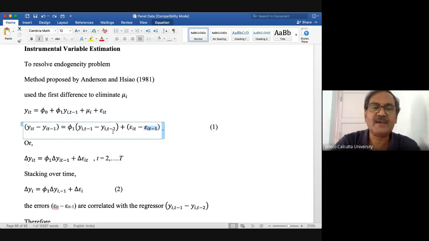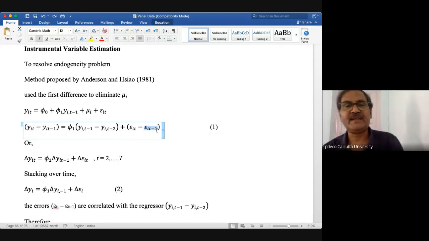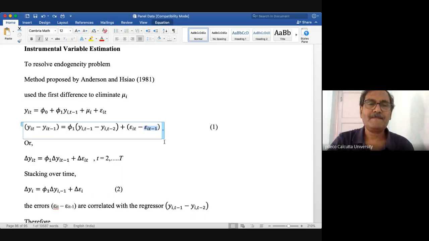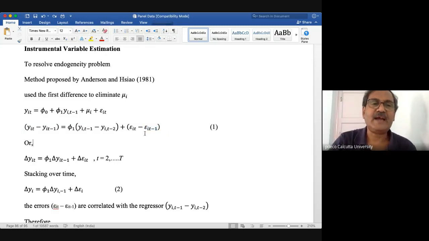কারণ yit minus 2 টা হচ্ছে আবার এই t minus 1 এর রেসপেক্টে আগের পিরিয়ডের ভ্যালু। Therefore, epsilon it minus 1 cannot affect yit minus 2, but it affects yit minus 1.